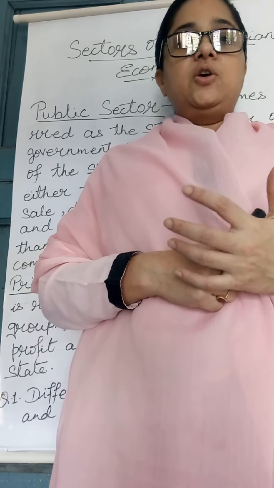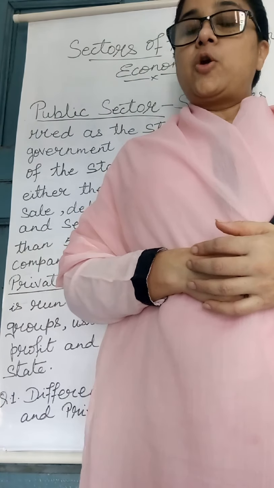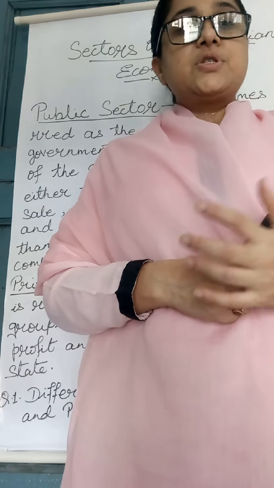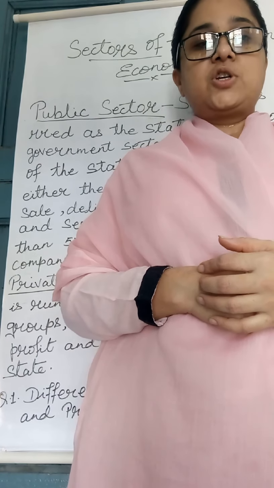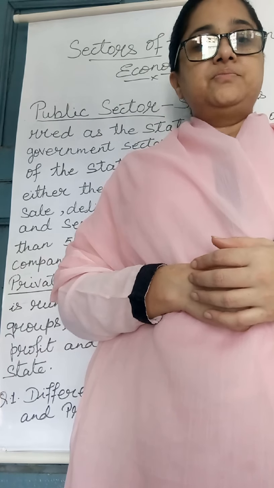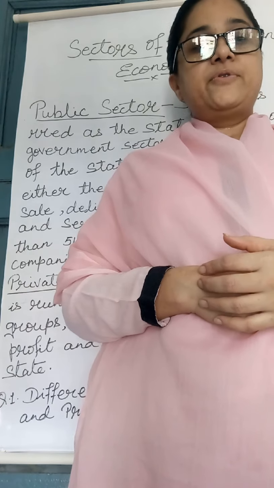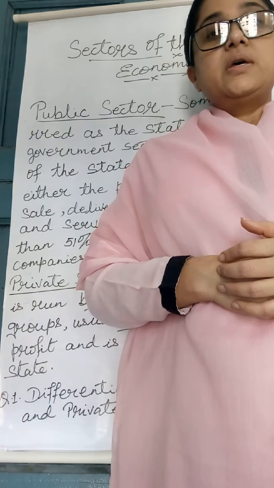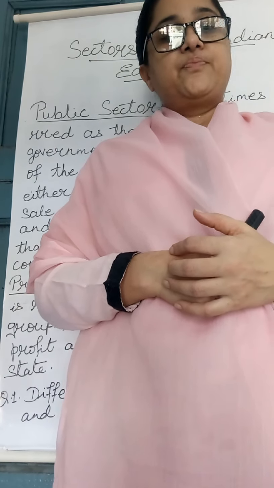Steel Authority of India Limited, Indian Oil Corporation, Hindustan Machine Tools, Life Insurance Corporation, Reserve Bank of India, Railways, Posts and Telegraph are some of the examples of public sector activities.